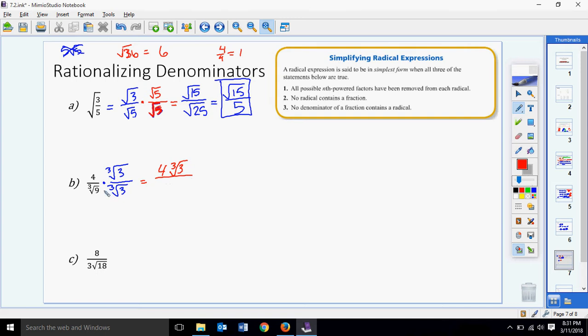In the bottom, I can combine them because they're in the same radical. So 9 times 3 gives me 27, and it's being cube rooted. Can't simplify my numerator, but in my denominator, the cube root of 27 is just 3.